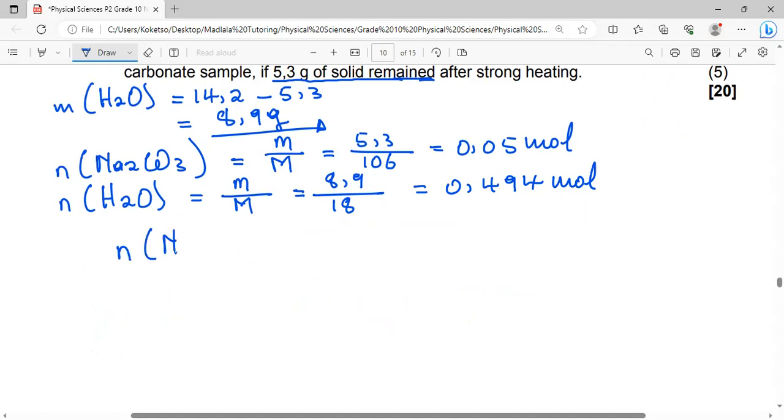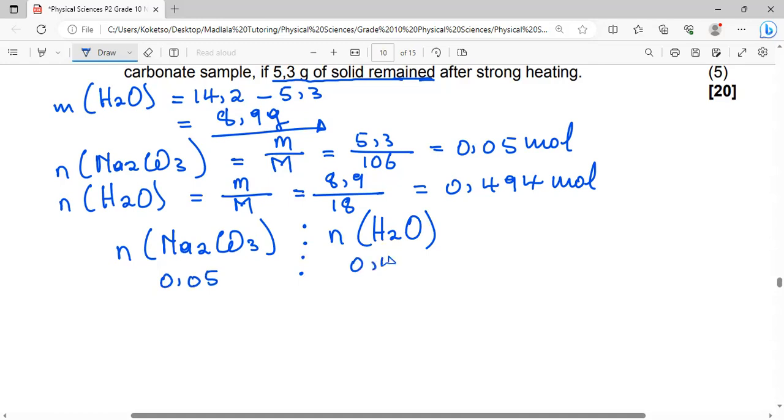So after finding your number of moles, you are going to put them in ratio form, as though you are calculating, or rather determining, the empirical formula. That's how you are going to do it. So the number of moles of sodium carbonate will just be 0.05. The number of moles of water will be 0.494. Then from this point, we divide both sides by the smallest number of moles, which is 0.05.